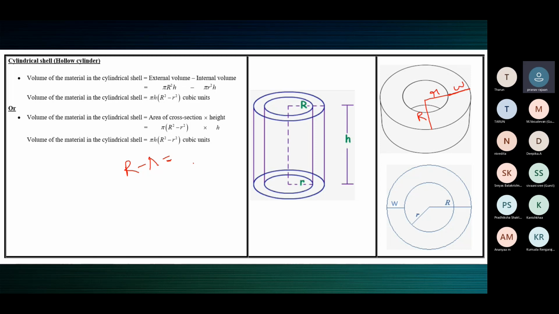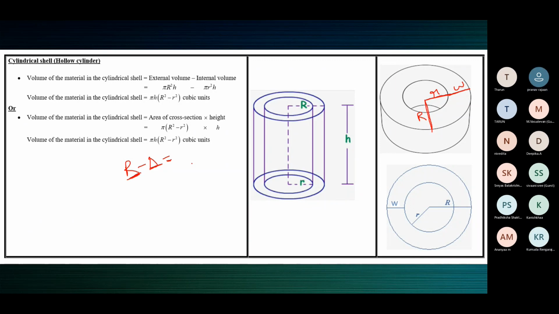Ma'am, top minus base, ma'am. No. What will be capital R? Internal volume minus external volume. No. What is the value of capital R minus small r? What will you get when you subtract capital R minus small r?